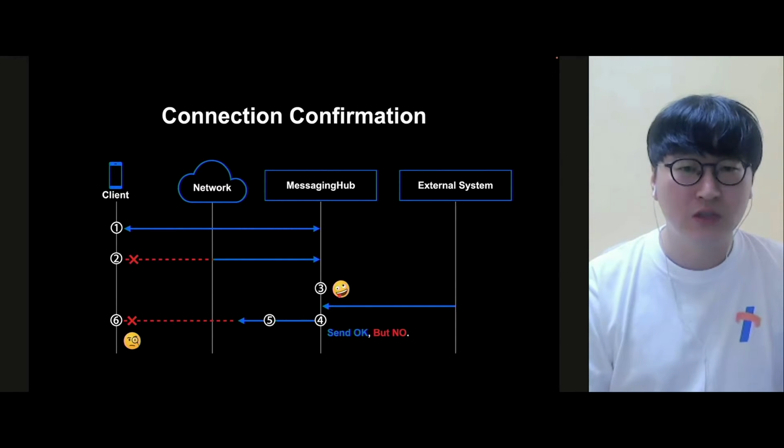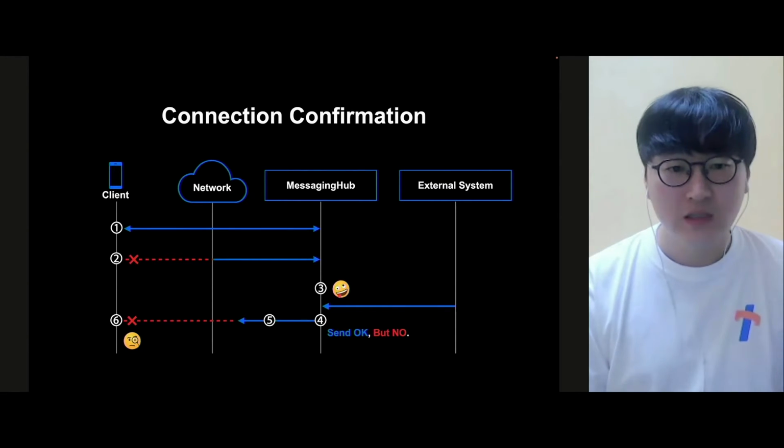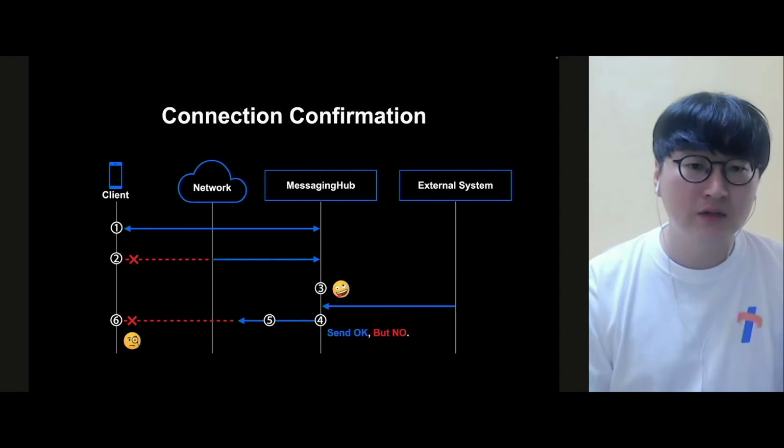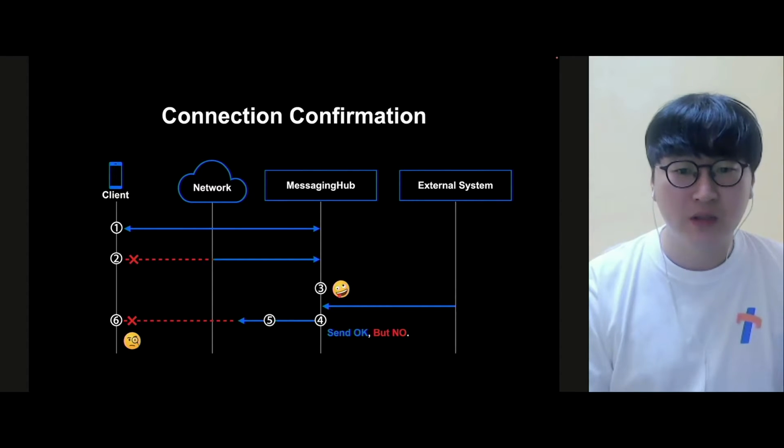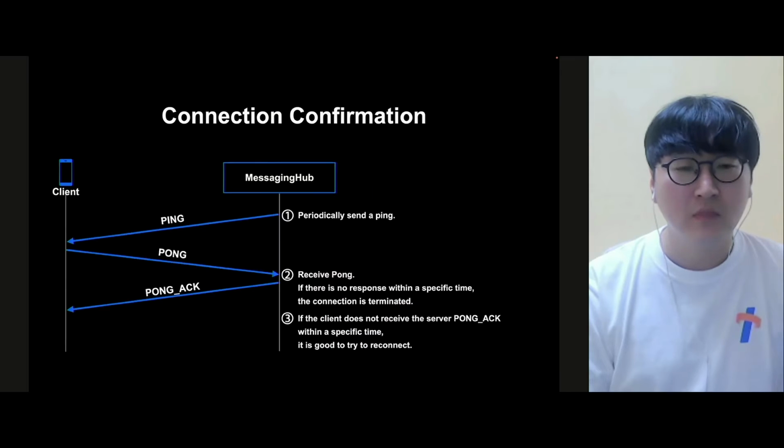In a simple nutshell, the smartphone is going to be switched over to a specific mode. This is a situation where it's a half-open state. The client connection has been truncated, and the messaging hub does not know that this has happened. So the message is flushed to the I/O buffer, and it judges that it was successfully sent. But because the communication is truncated, the client has not received the information.